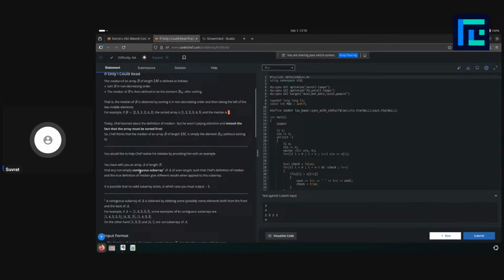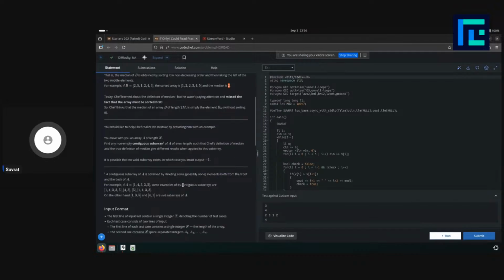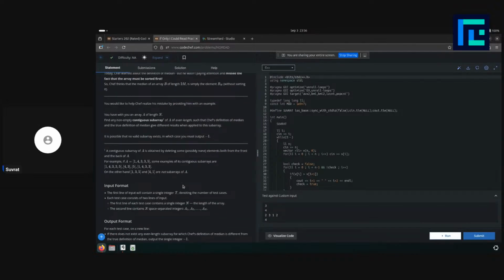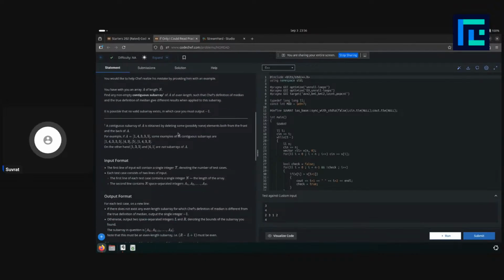Find any non-empty contiguous subarray of A of even length such that Chef's definition of median and the true definition of median give different results when applied to this subarray. It is possible that no valid subarray exists, in which case you must output -1. A contiguous subarray is obtained by deleting some elements from the front and back.